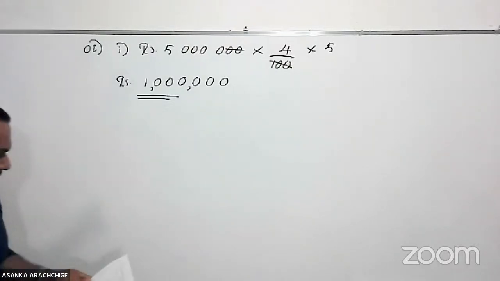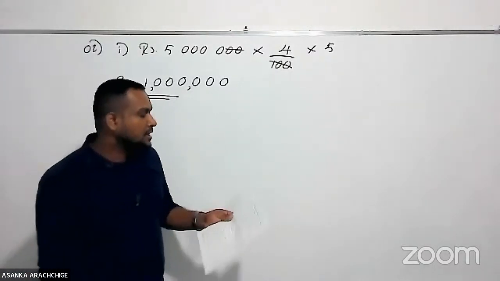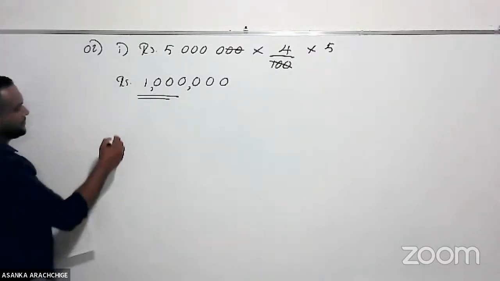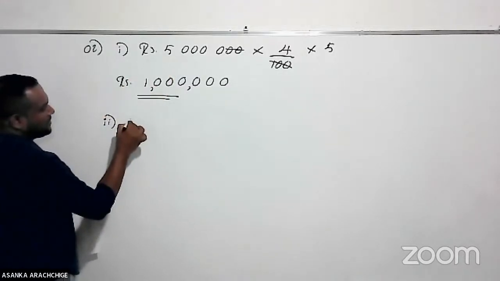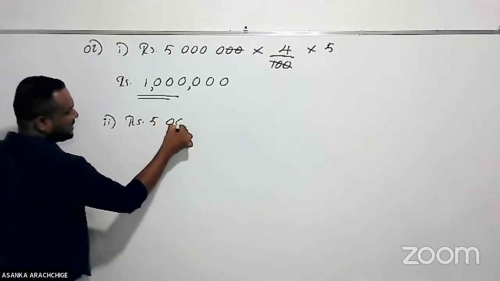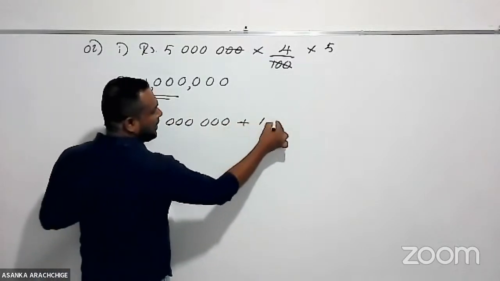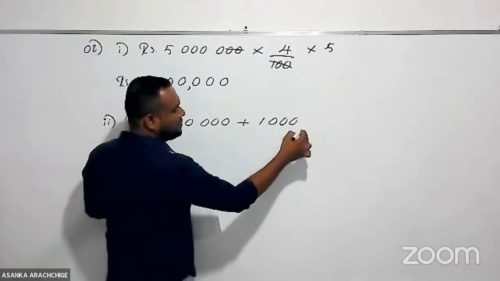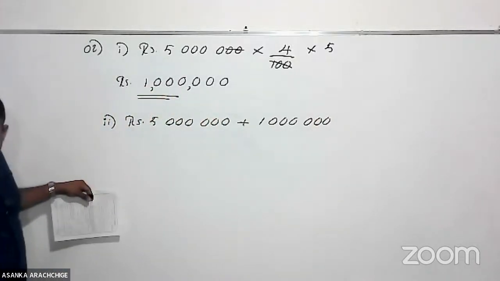Number 2, find the total amount he has to pay to the financial institute. His loan amount is 5 million rupees. In addition to this, he has to pay 1 million rupees as the total interest for the 5 years.